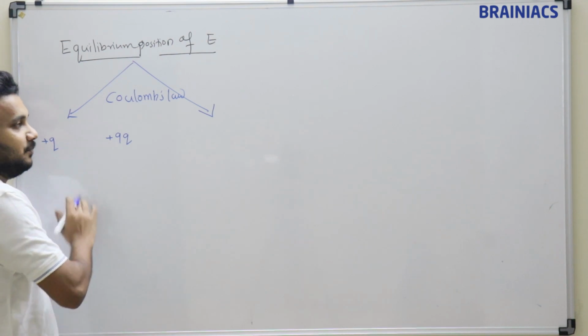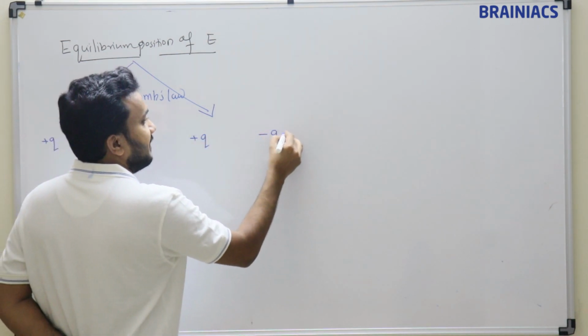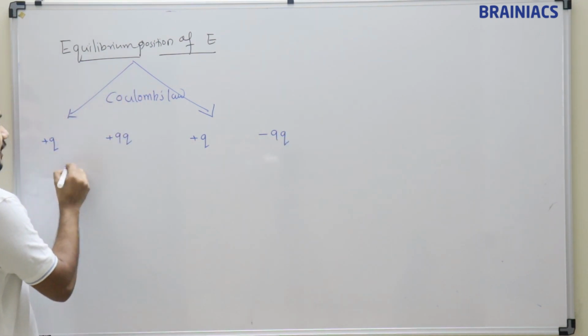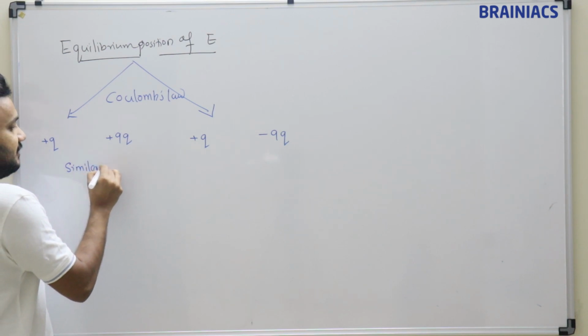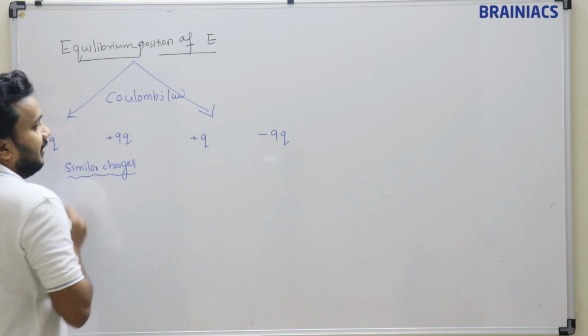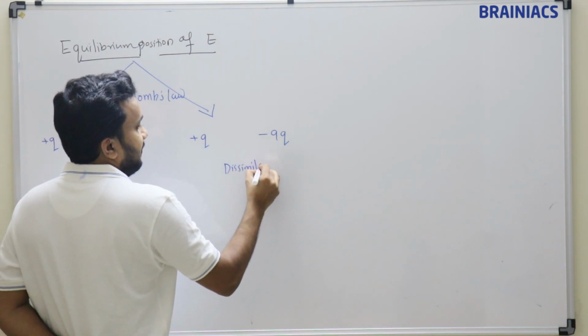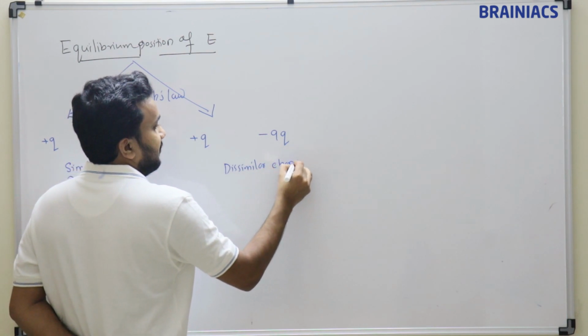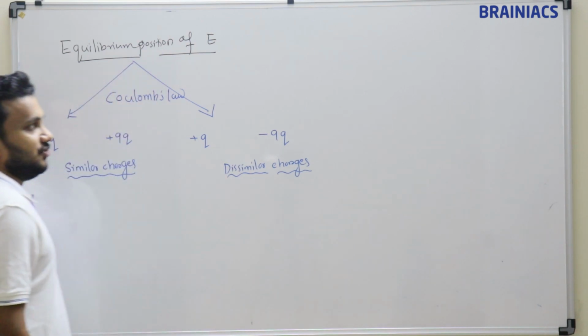This is one case. Similarly, if we take plus q and minus 9q, we learned this under the topic of similar charges. So we have similar charges and we have dissimilar charges.